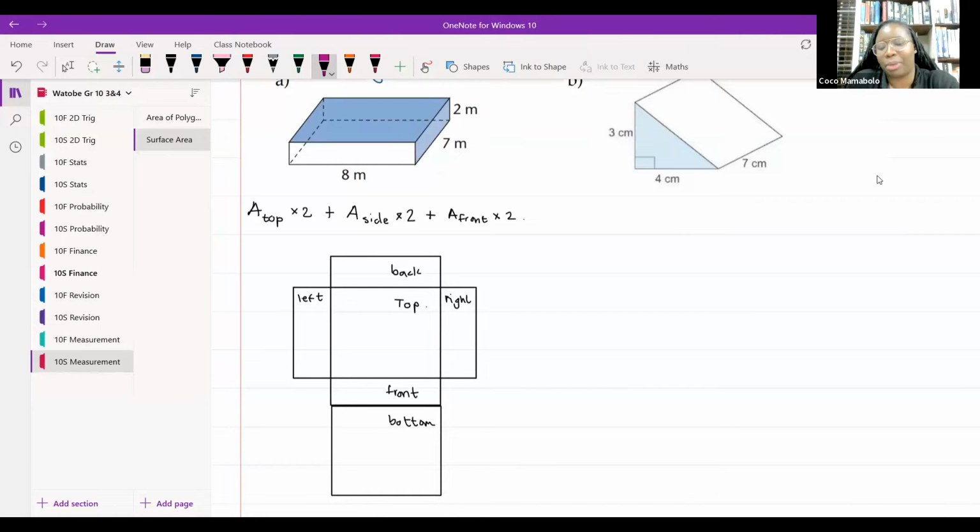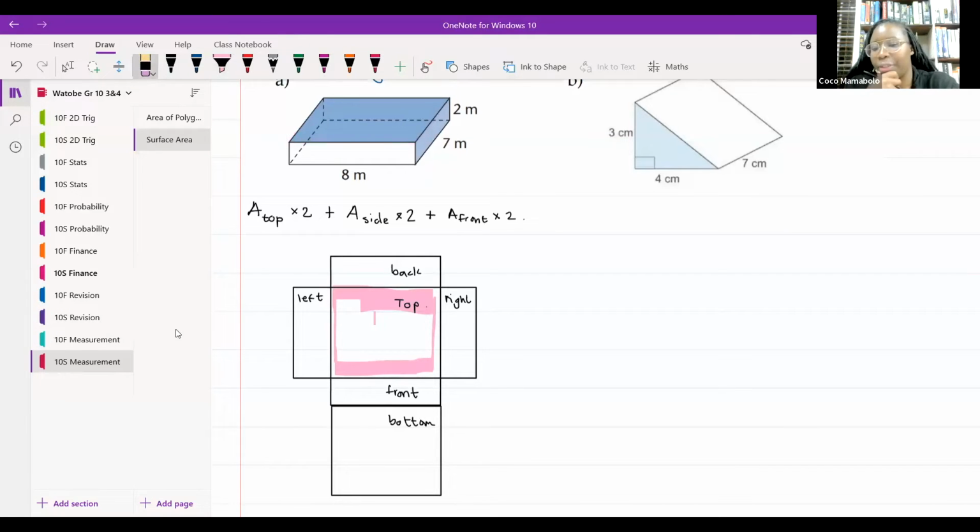Correct. So that's it. But what are the 3 dimensions? Let's have a look, guys. If we had to calculate the dimensions of this top part over here, the length of this side is going to be how long, and the breadth of that side is going to be how long? Give me an answer, guys, in the chat.